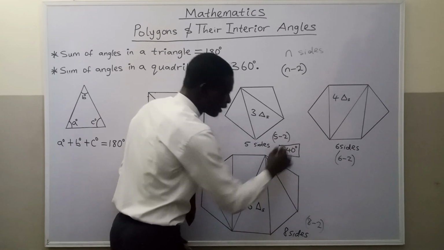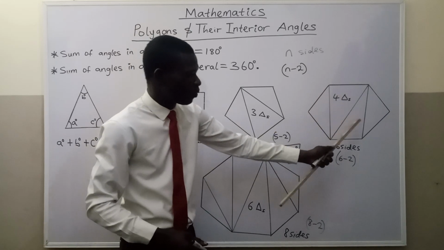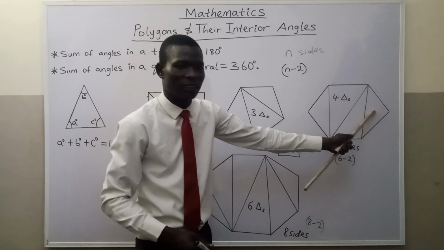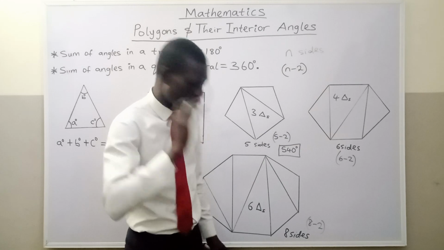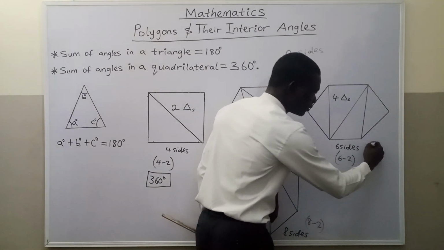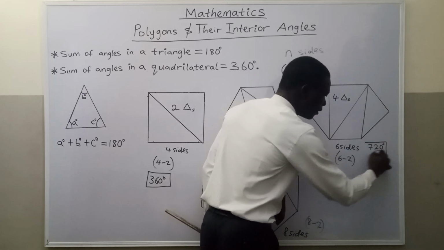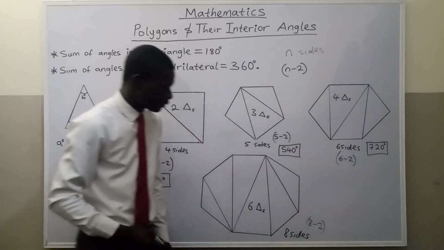That's 3 multiplied by 180 degrees. 180 degrees four times. How many am I having? 4 such triangles. So 4 multiplied by 180 degrees gives me 720 degrees, which gives me the sum of interior angles.